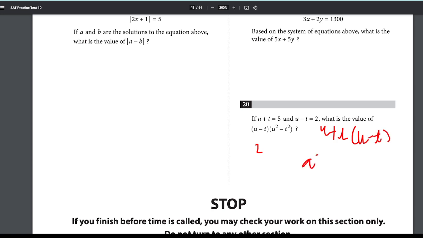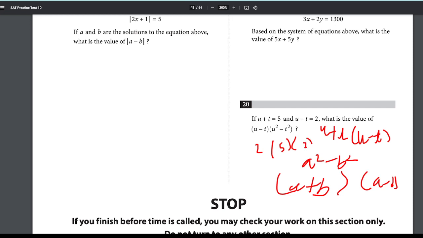Because a squared minus b squared is nothing but a plus b times a minus b, right? We know that u plus t is 5, and we know that u minus t is 2. So 5 times 2 is 10, so the answer is 10.